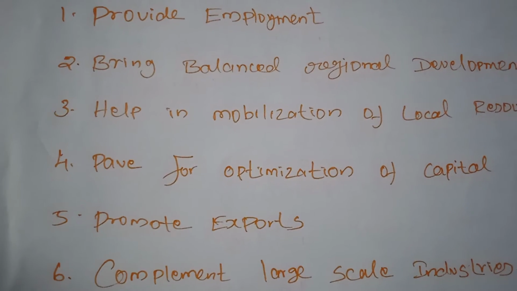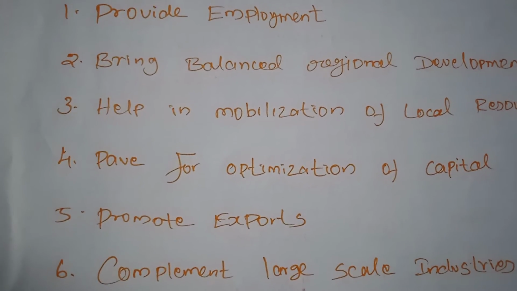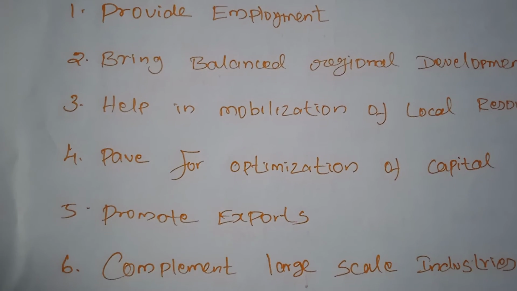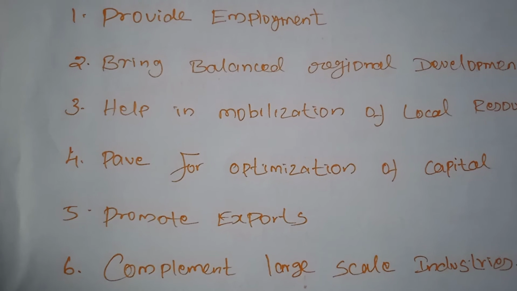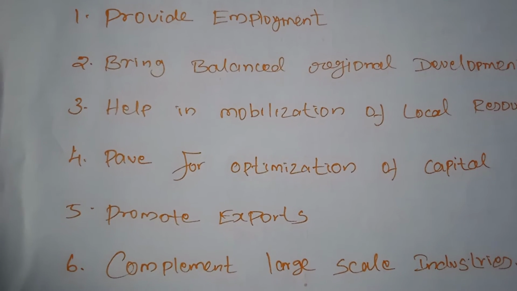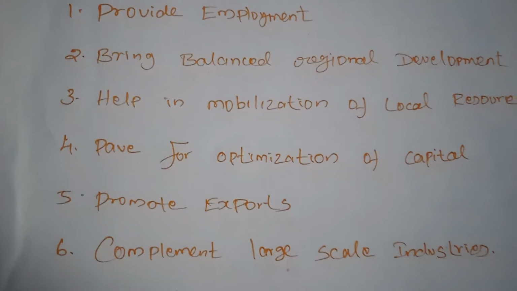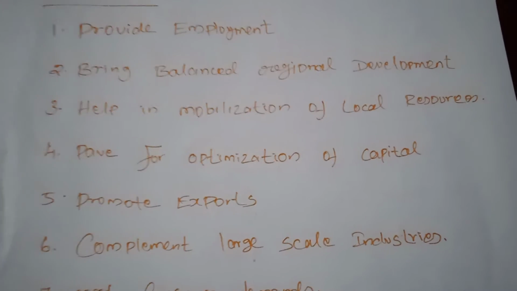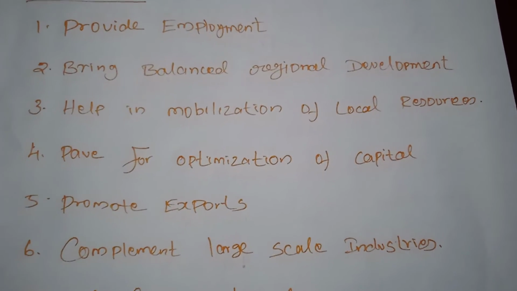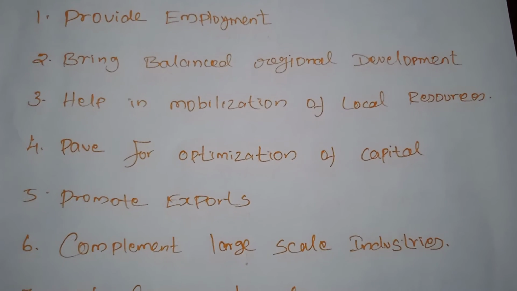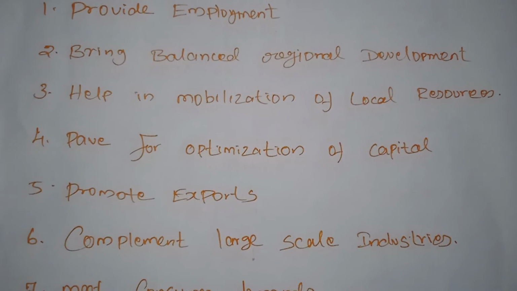Next, entrepreneurial talent is tapped in different regions, and income is also distributed instead of being concentrated in the hands of a few individuals or a few businessmen. Now all entrepreneurs have the possibility to start industries wherever they want to locate them.